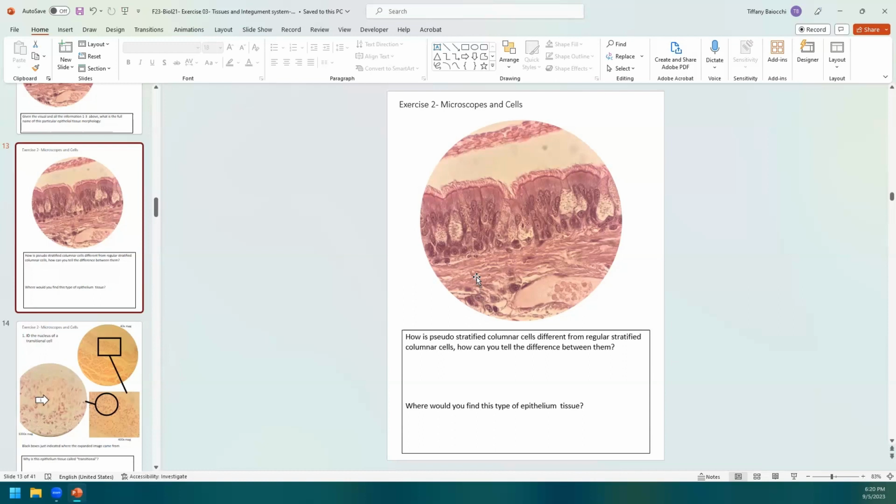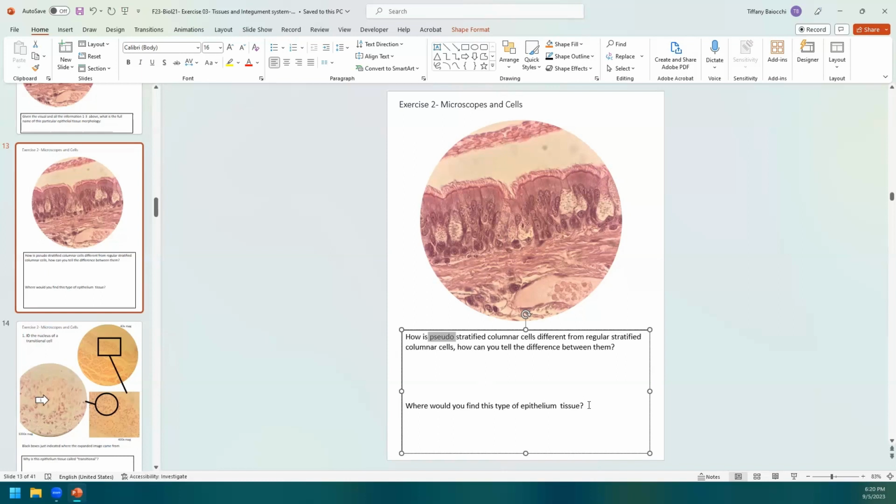It's not actually stratified. That term pseudo means fake, so it's fake stratified. It looks stratified because of the placement of the nuclei, but it really is not. This cell does go all the way down to the connective tissue layer at the bottom. There are not additional cells lining underneath.